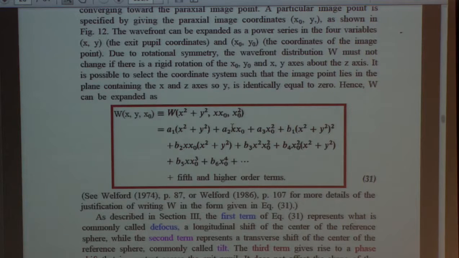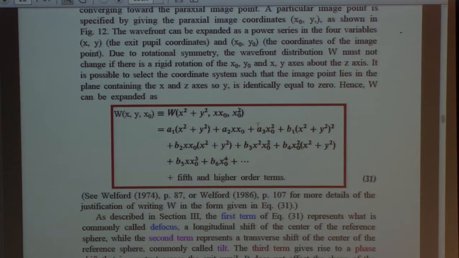Then we have a term that goes as a3 x naught squared. That's an interesting term. It doesn't depend upon the pupil coordinates x and y at all. It depends only upon our off-axis point, so it's like a piston term, and you almost always forget about that.